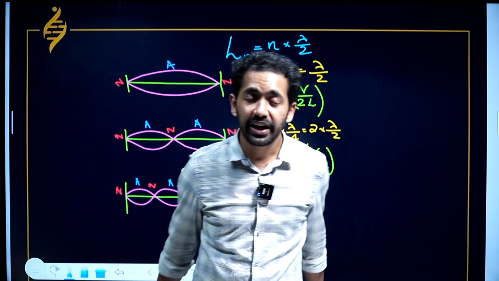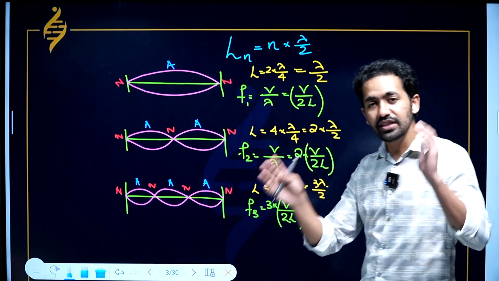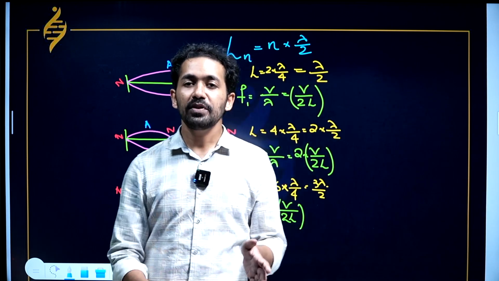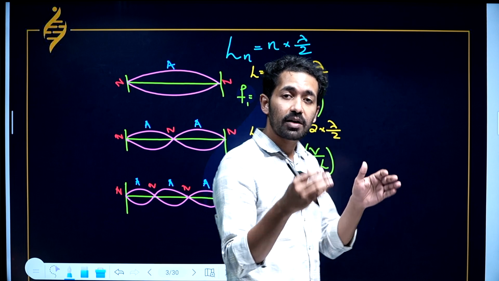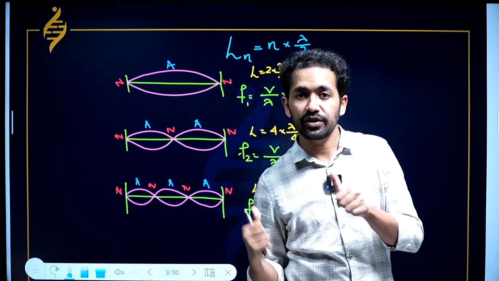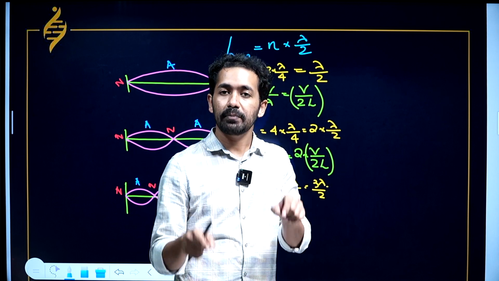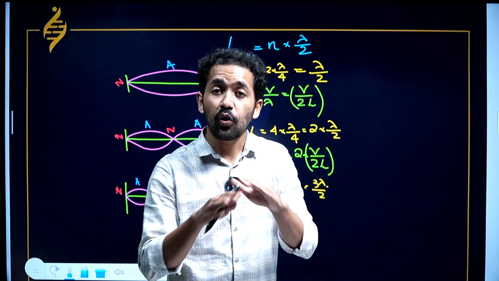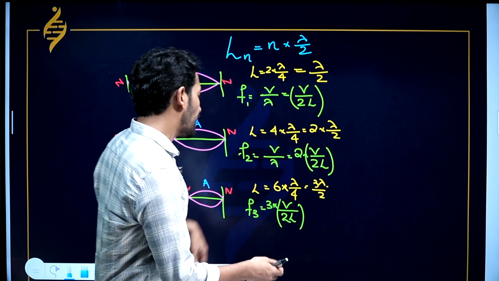So you understood that all these frequencies, see 1, 2 and 3, are multiples of V by 2L. So what can I say? All the frequencies are multiples of the fundamental frequency, and therefore I can say that like in the case of an open pipe, here too I am having all the harmonics. All these harmonics are present in the case of a string also.